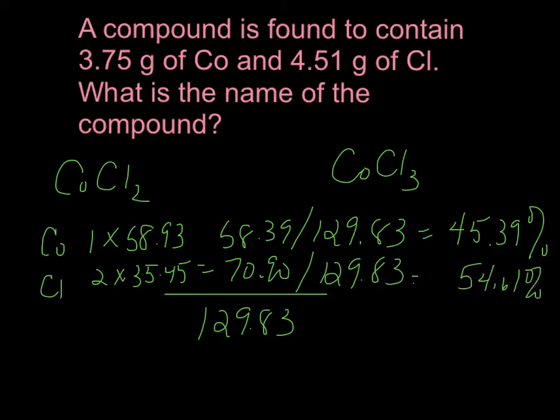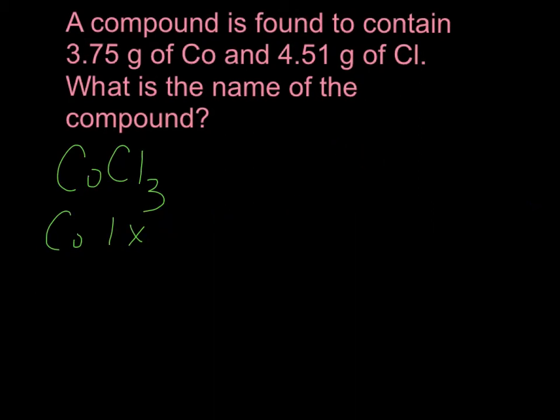Okay, and then I'm going to do the same process with cobalt 3 chloride, or cobaltic chloride, on the next slide. So on this slide, I'm going to do the same process, just looking at cobalt 3. So that means there's 3 chlorides.